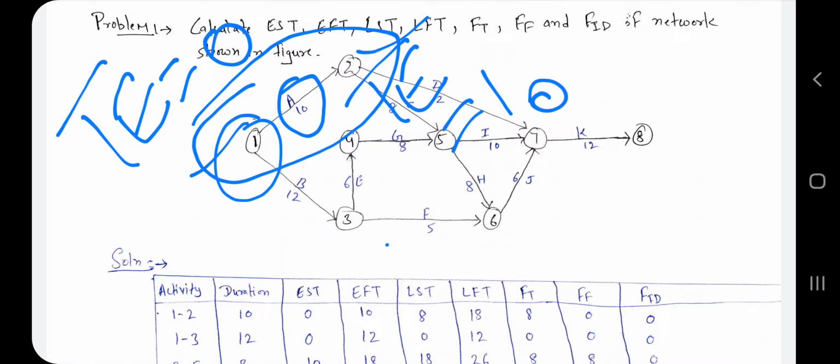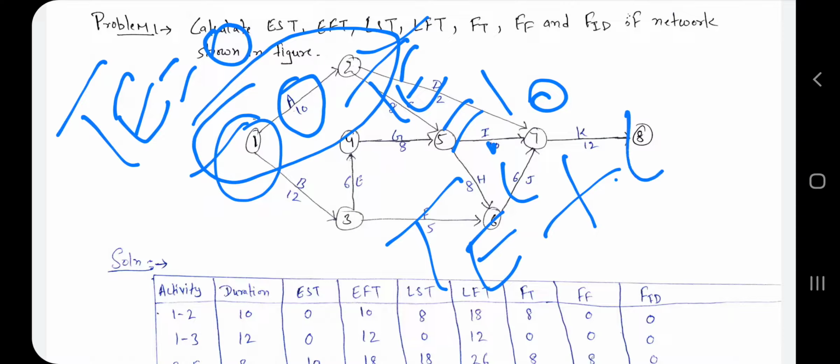You know the formula, TEi plus tij. This is the formula for finding the earliest occurrence time. So at this point TE is equal to 0, and at this point TE is equal to 10. In this way you have to find the earliest occurrence time.